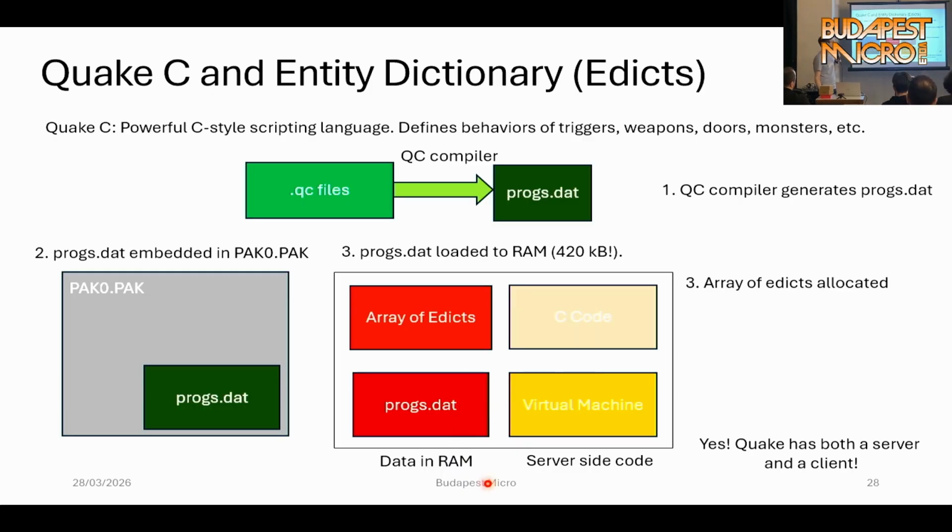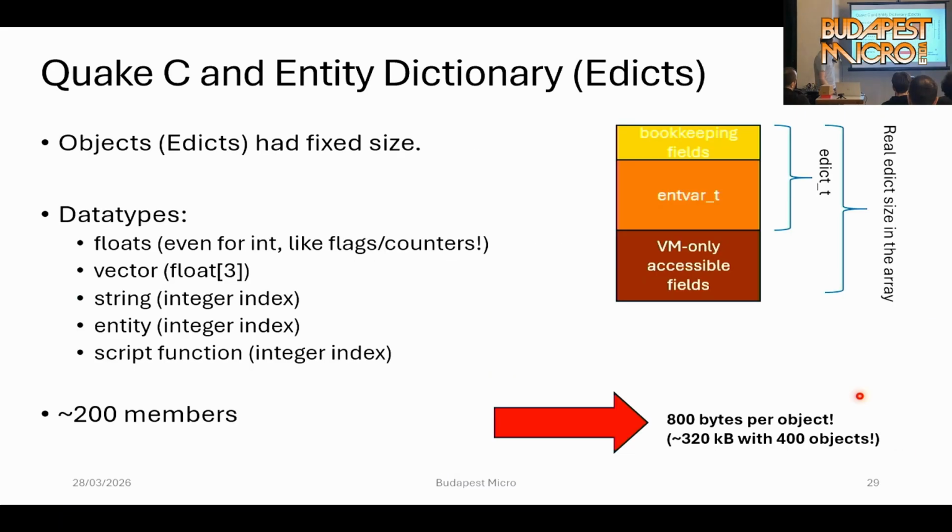And by the way, Quake had a server and a client in the same executable. And so basically, what are the entity dictionary or edicts? They are the equivalent of the mobj, the map object, but much more complicated.